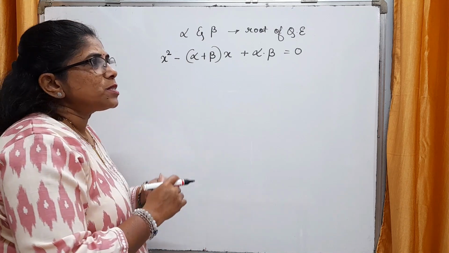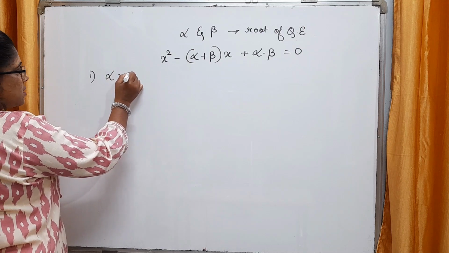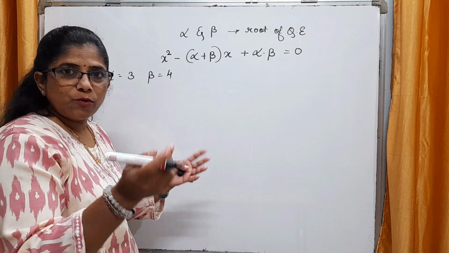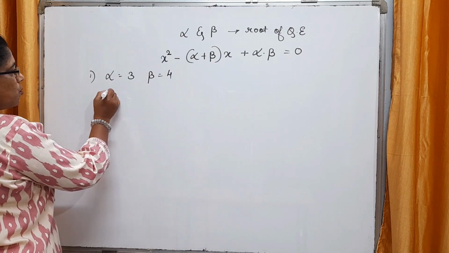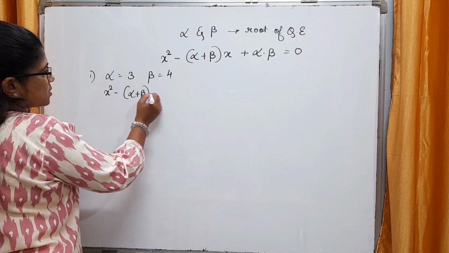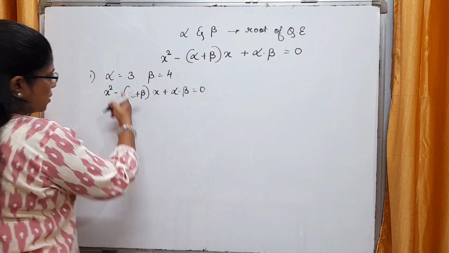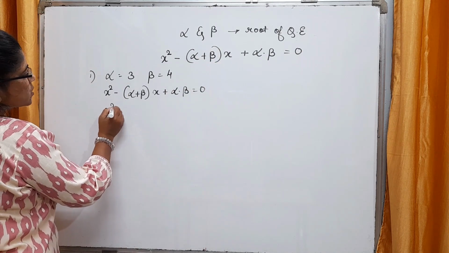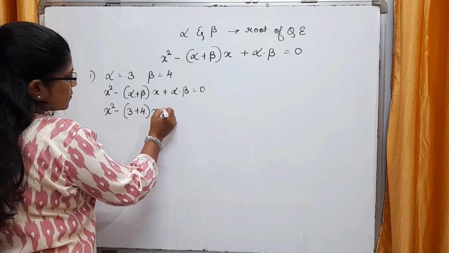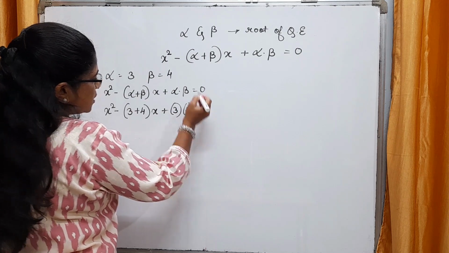Suppose 3 and 4 are the roots of the equation, means alpha is equal to 3 and beta is equal to 4. We have to form the equation. What is our formula? x square minus (alpha plus beta) x plus alpha into beta is equal to 0. Now here, x square minus (3 plus 4) x plus 3 into 4 is equal to 0.